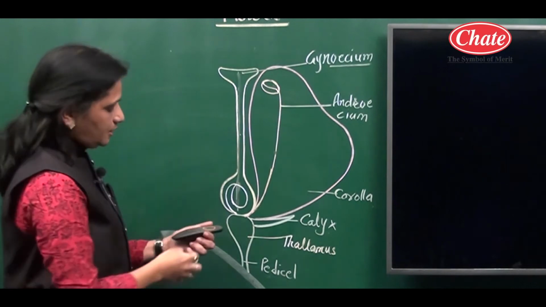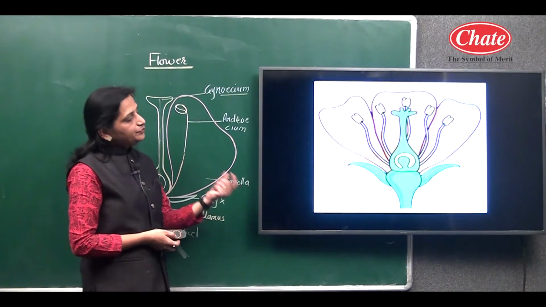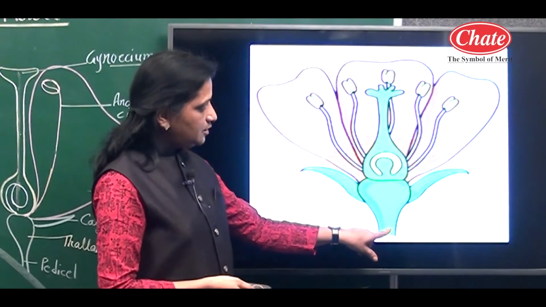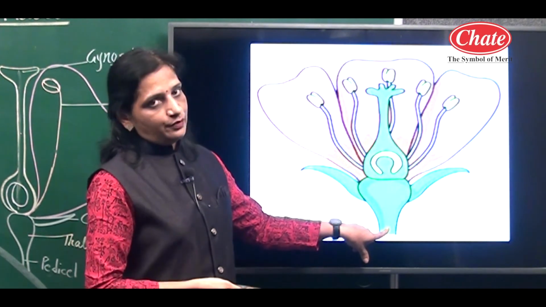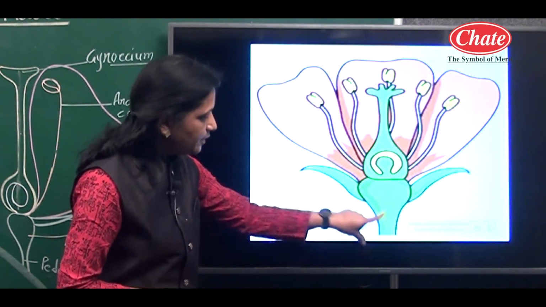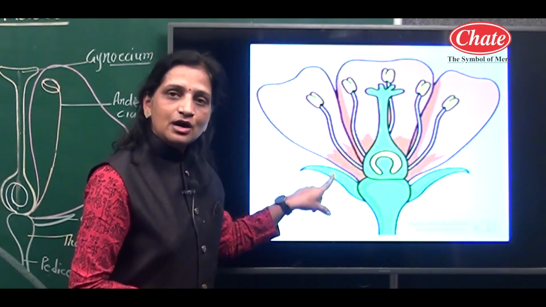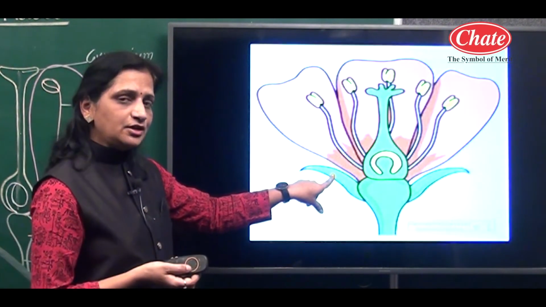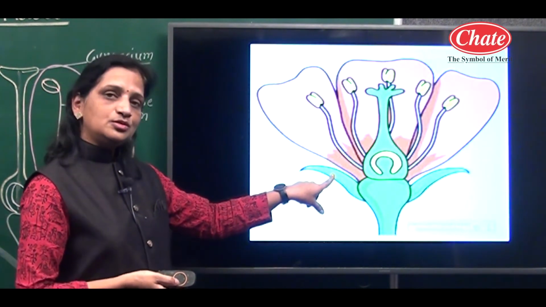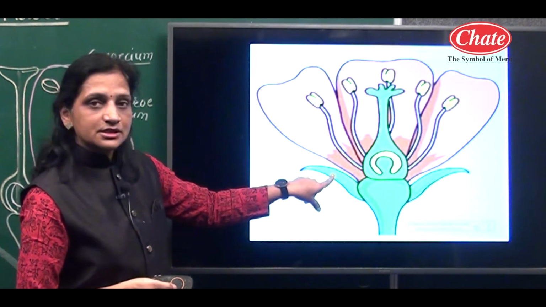So in the next slide we will recap this diagram. Here we are showing the pedicel, which attaches the flower to the stem. This is the calyx. Calyx is the outermost whorl of the flower, and the single unit of the calyx is known as sepal.